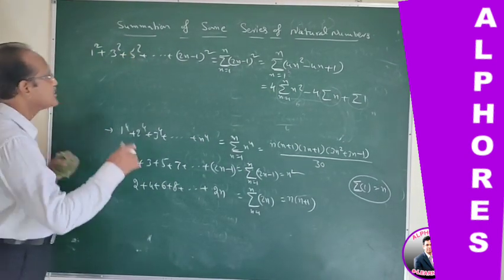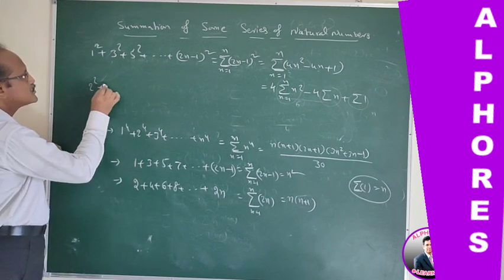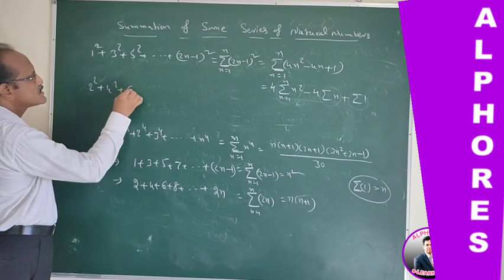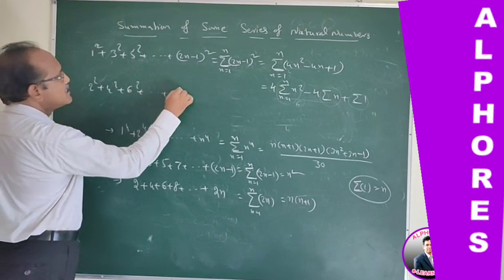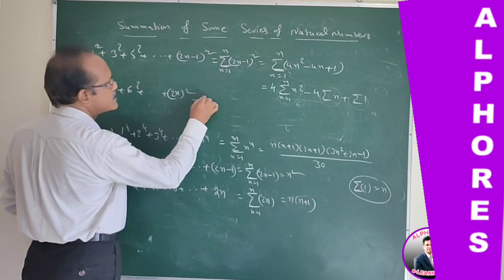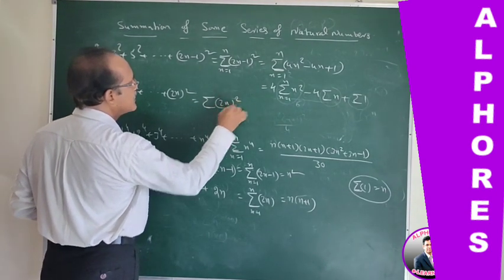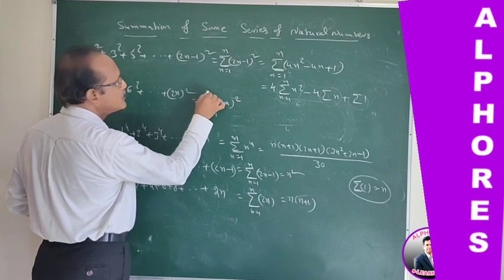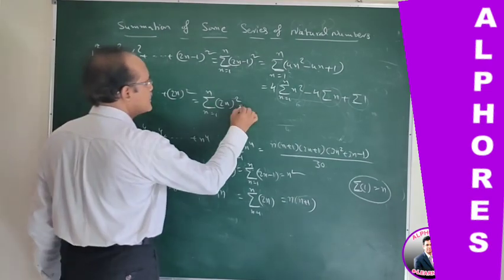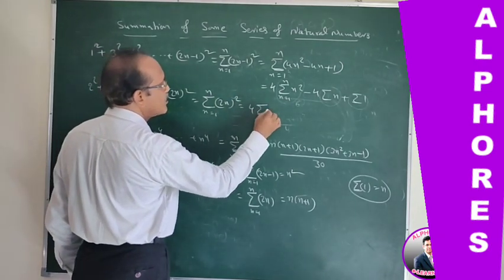Similarly, you can find the sum of the squares of the first n even natural numbers also. 2 square plus 4 square plus 6 square and so on up to 2n whole square. You can write sigma of 2n whole square, where n is equal to 1 to n, as 4 into sigma of n square.